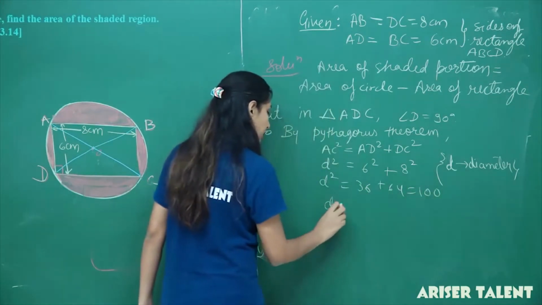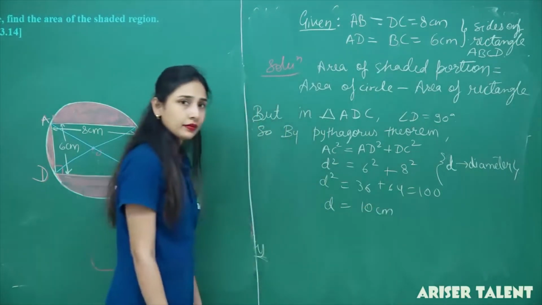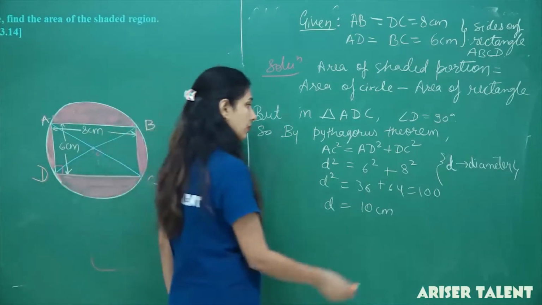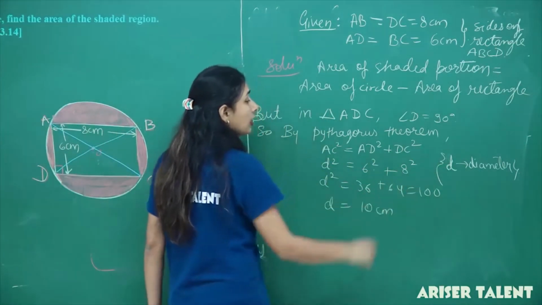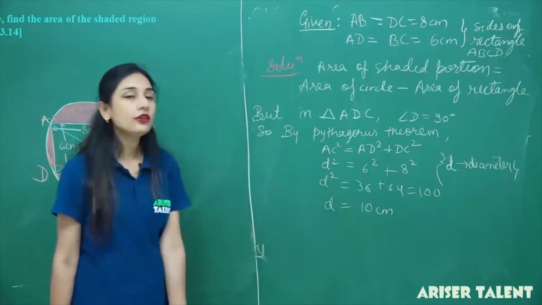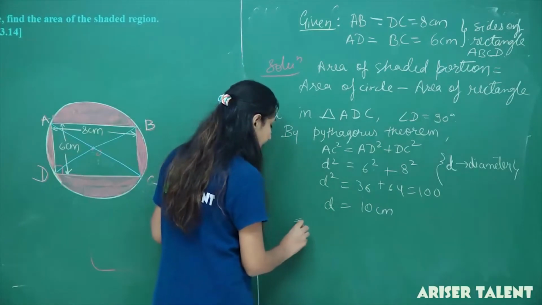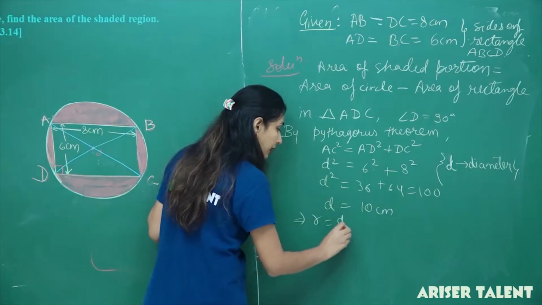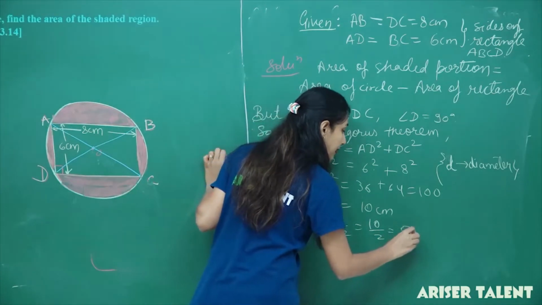So your D will be equal to what? 10 centimeter. Students, you can write centimeter square here, but here you will get 10 centimeter anyhow. So diameter is 10, this implies that radius equals D by 2 equals 10 by 2 equals 5 centimeter.